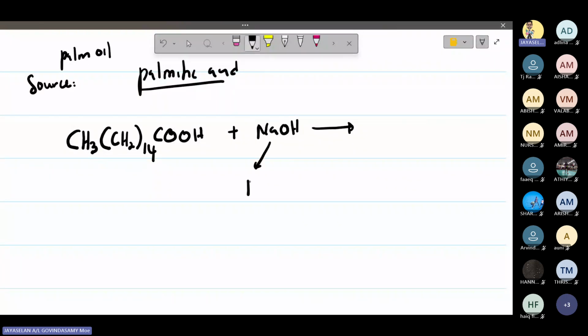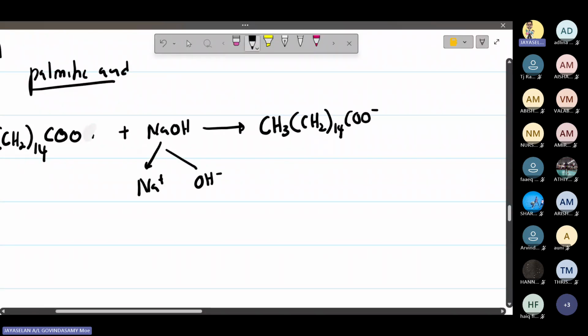So you take out this sodium ion and hydroxide ion. So what you all do? You all padamkan ini dulu. Ambil letak sini. CH3 bracket CH2 close the bracket 14 COO. This is acid, right? Mesti ada negative charge. This sodium ion put here.